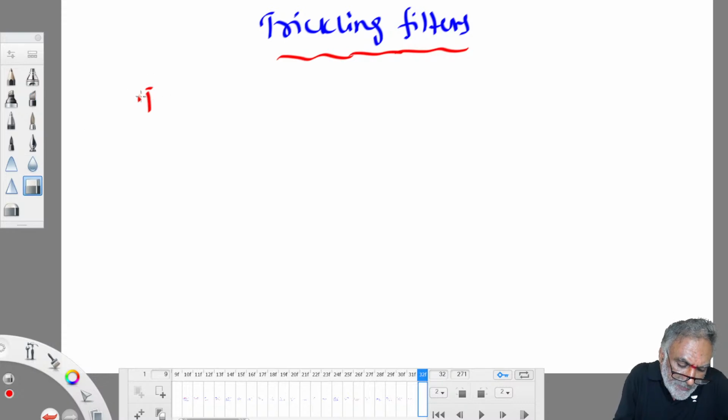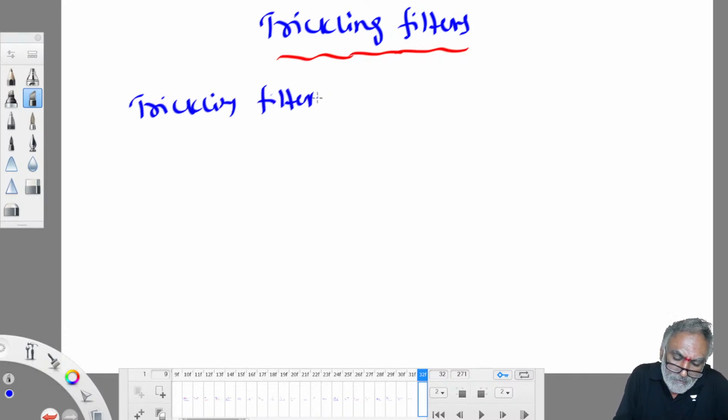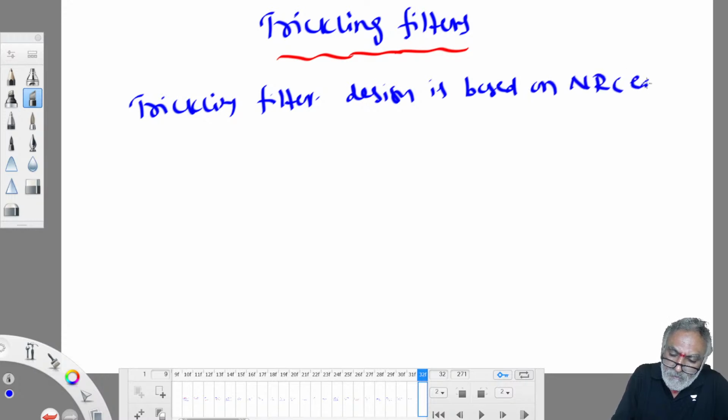Trickling filter design is based on the NRC equation. NRC of USA equation, the National Research Council of the United States of America equation.